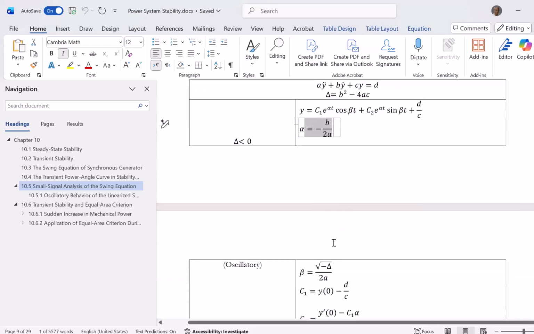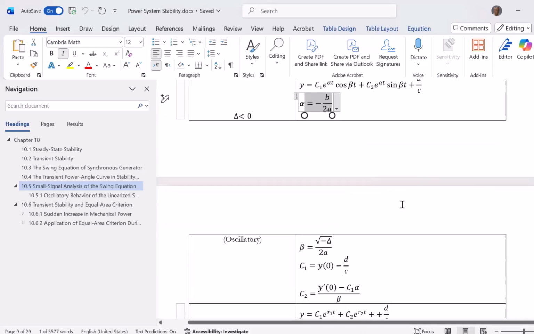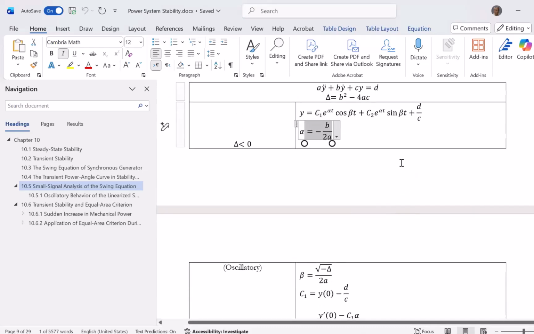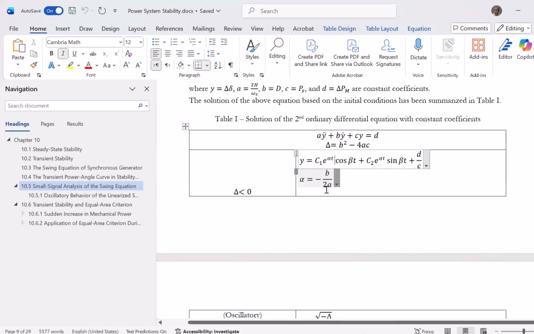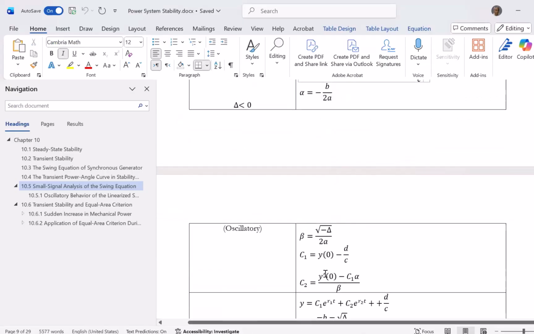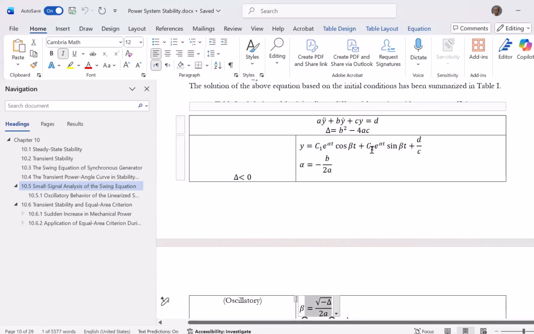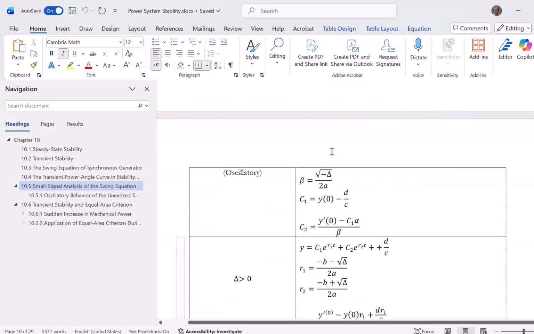And the solution would be oscillatory. So we would have an alpha and beta in here. These alpha beta terms are written in here. And we have a C1 and C2. These are two constants, which are coming from the initial conditions of the differential equation.